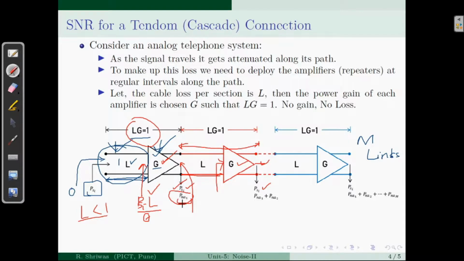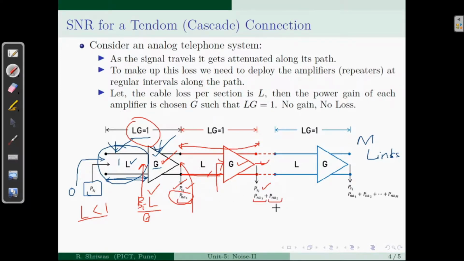Now this PNA1 will work as an input noise to this second amplifier. So PNA1 again gets multiplied with L and then with G, and since LG is equal to 1, we get PNA1. This is the noise which was present at the input of the second amplifier.